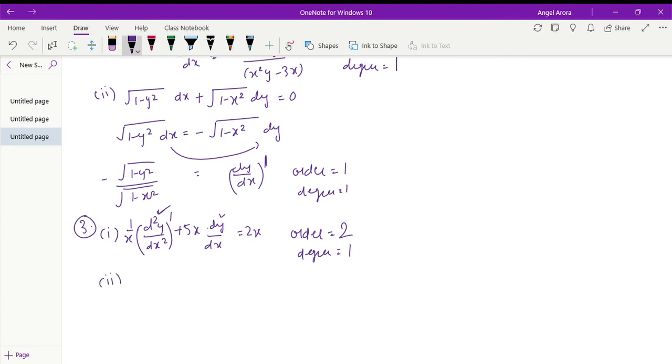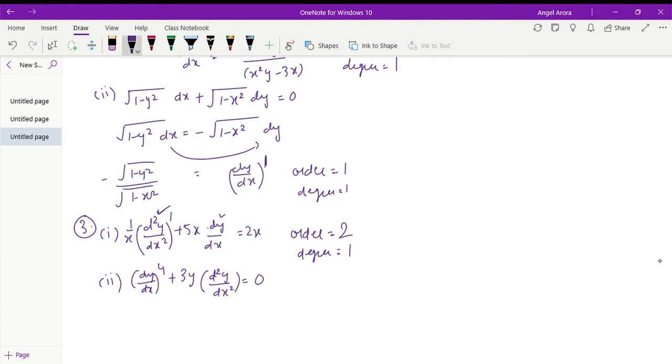Second part of the third question: dy upon dx raised to 4 plus 3y d square y dx square is equal to 0.